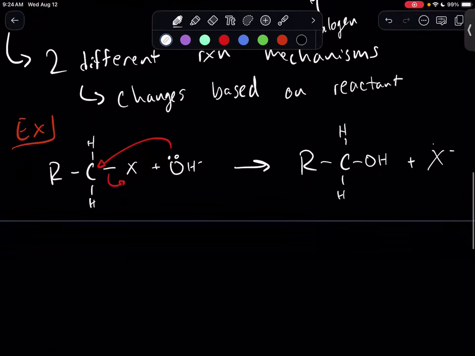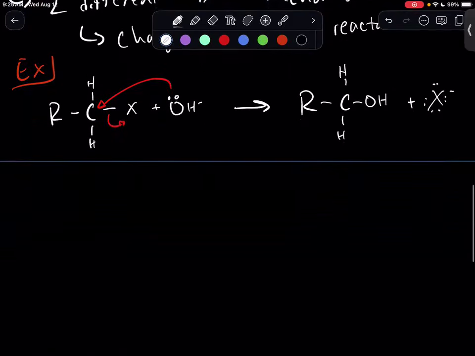Now, that is a very simple reaction mechanism, but what if we have a different electrophile or a different halogenoalkane, maybe something that looks like this? Plus OH.